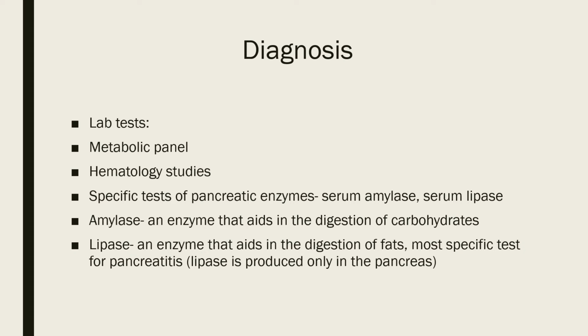Lipase, however, is an enzyme that aids in the digestion of fats, and so this is the most specific test for pancreatitis because lipase is produced only in the pancreas. So although the doctor is going to look at the amylase and the lipase, we are going to pay more attention to the lipase level if we suspect pancreatitis.